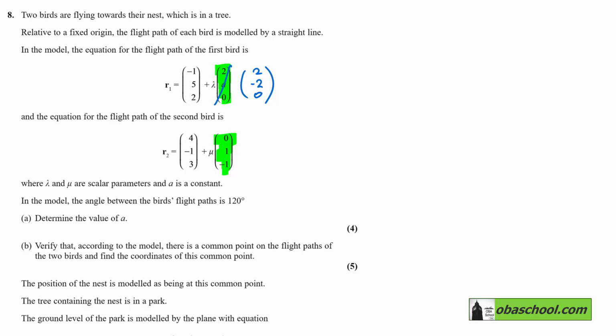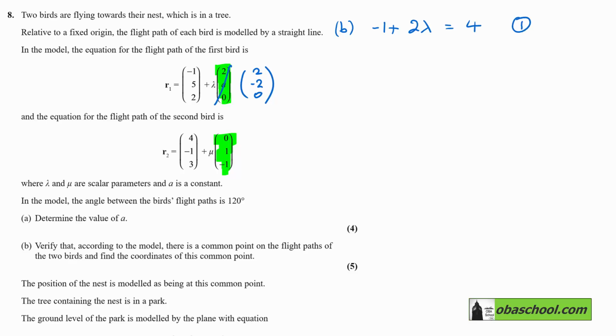Verify that, according to the model, there is a common point on the flight paths of the two birds and find the coordinates of this common point. So, we're going to need the x-coordinates to be the same. So we would have -1 plus 2 lambda is equal to 4.